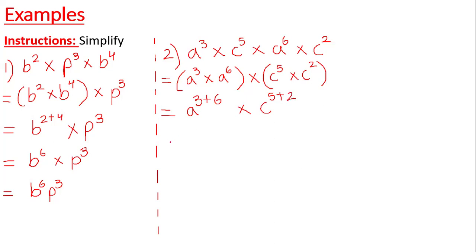And it's going to be equal to a to the power of 9 multiplied by c to the power of 7. When we combine them, we get a to the power of 9, c to the power of 7.